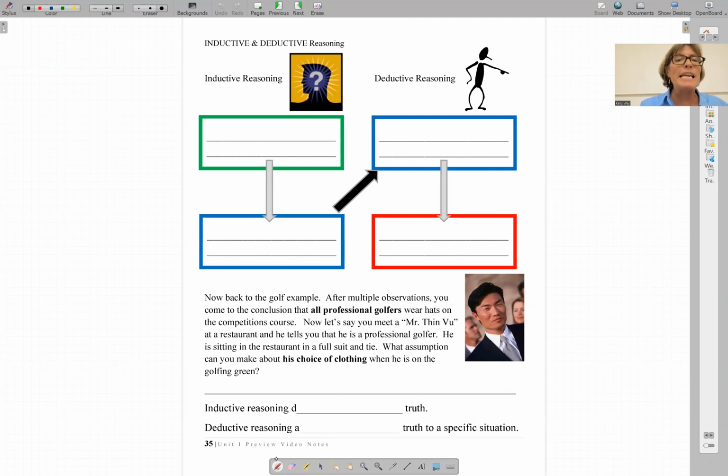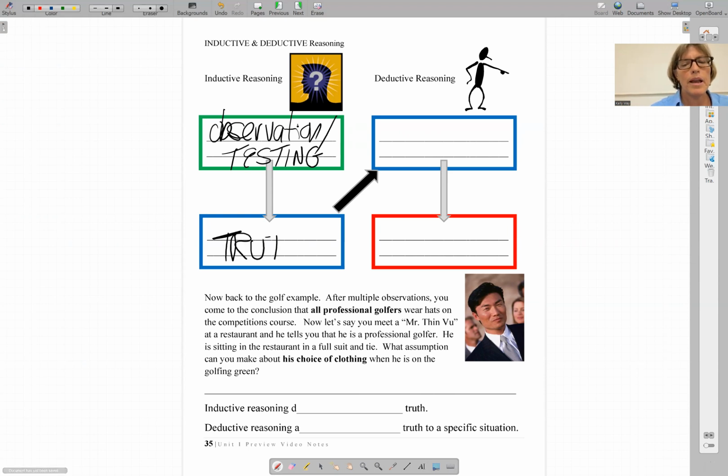Okay, so that's called inductive reasoning. You do observation, and if this was a science experiment, you would do some sort of testing, and you would come to a general truth. And in our example, our truth was, if you're a pro golfer, then you wear a hat on the course.